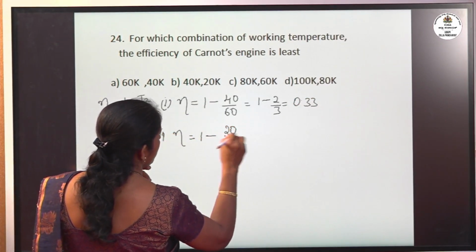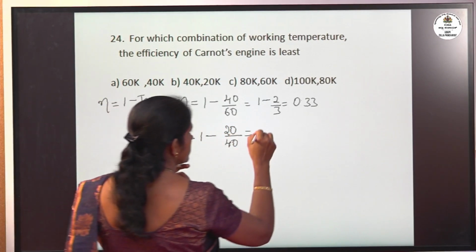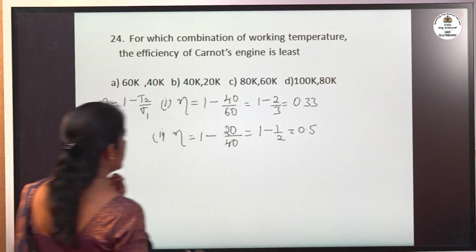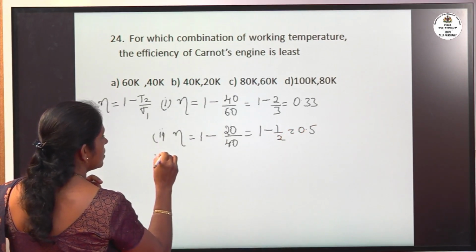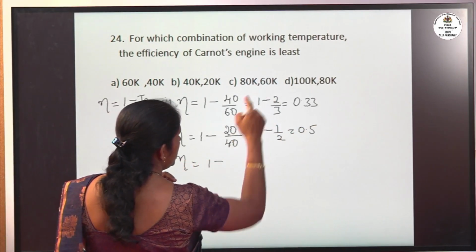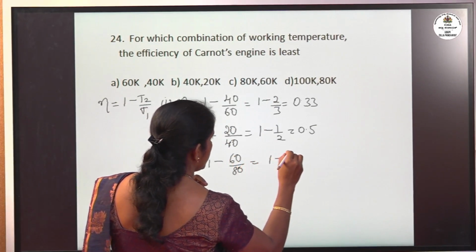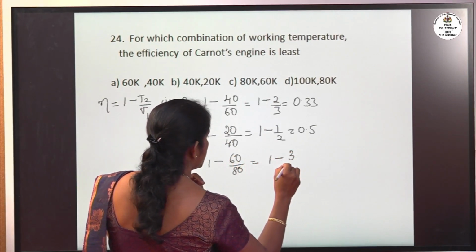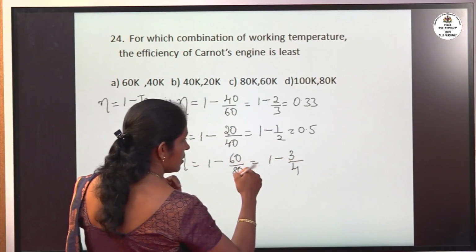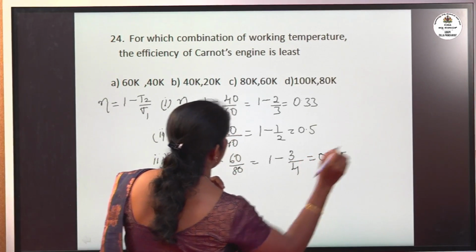T2 is 20 Kelvin, T1 is 40 Kelvin, so this is 1 minus half, which is equal to 0.5. For the third case, efficiency is 1 minus T2 by T1. 60 by 80 is 3 by 4. 1 minus 3 by 4 is equal to 0.25.